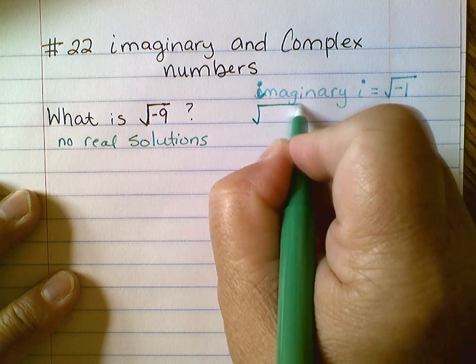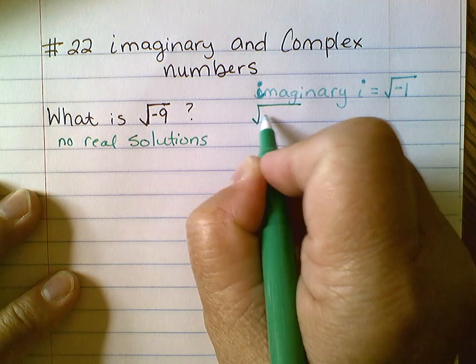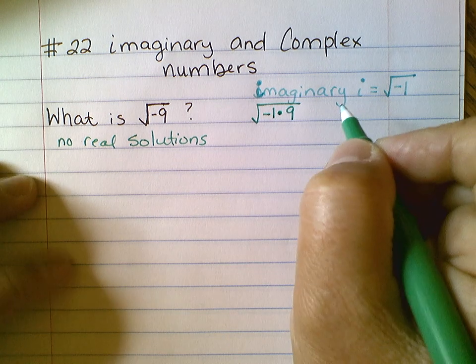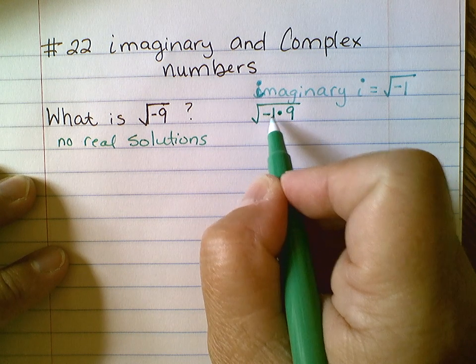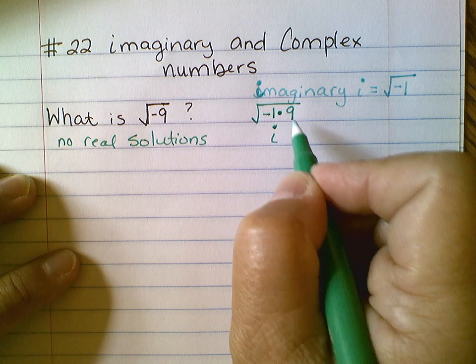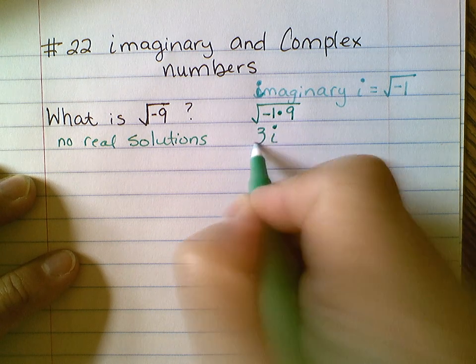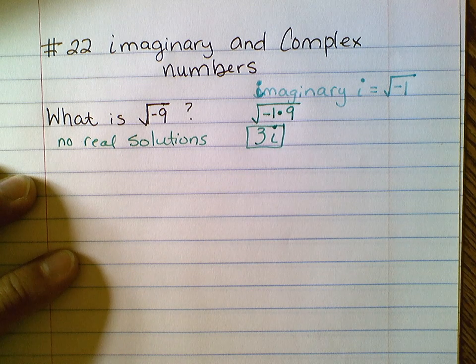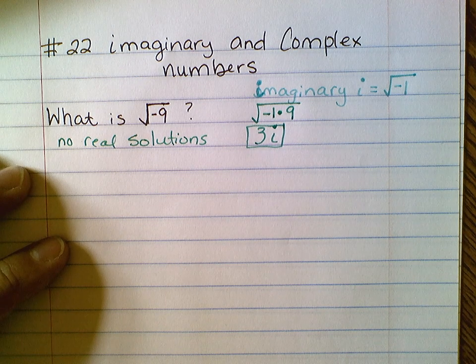If I take the square root of -9 and divide it into -1 times 9, I now know that the square root of -1 is represented by i, and the square root of 9 is 3. So to simplify that, I would get 3i.